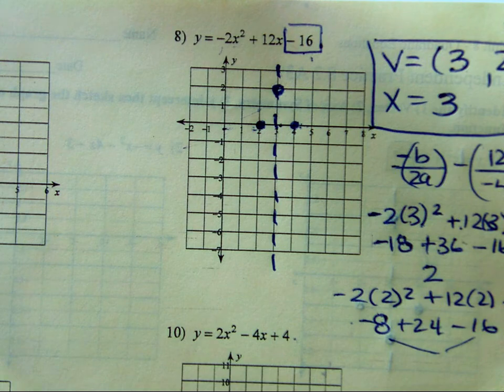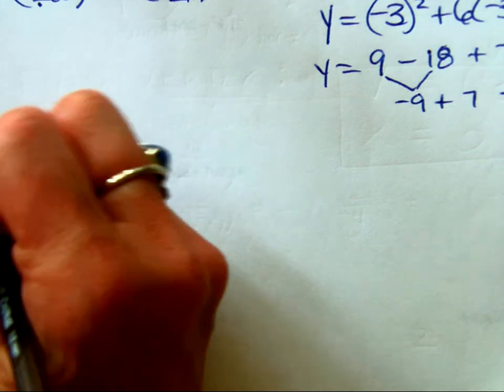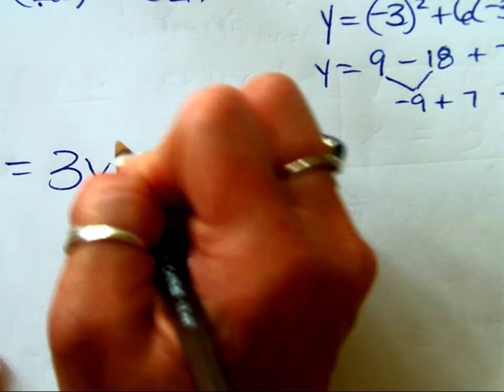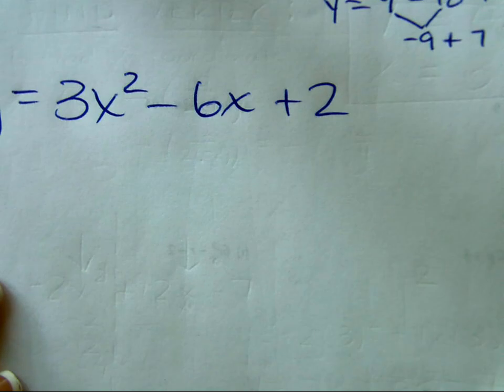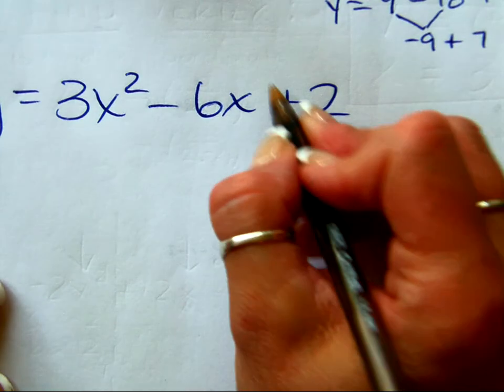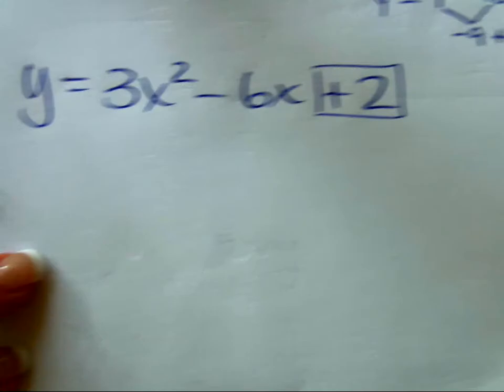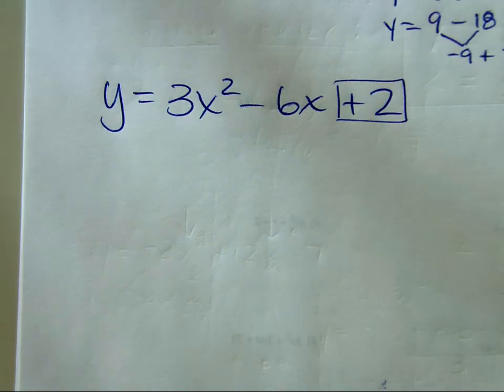I want to do just one more quick one with you to show you that, and I'll just cruise through this one, so just watch me. So y equals 3x squared minus 6x plus 2, okay? So my y-intercept is 2. Awesome. It's nothing crazy like minus 20. I'm pretty sure it's going to be on the graph. So this is a really easy one, okay?